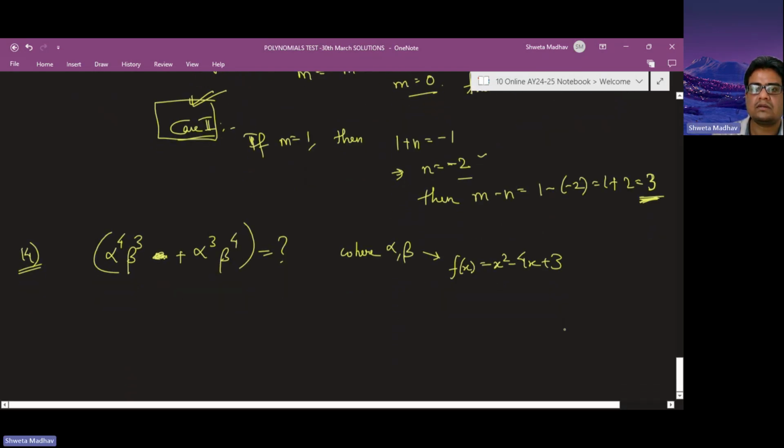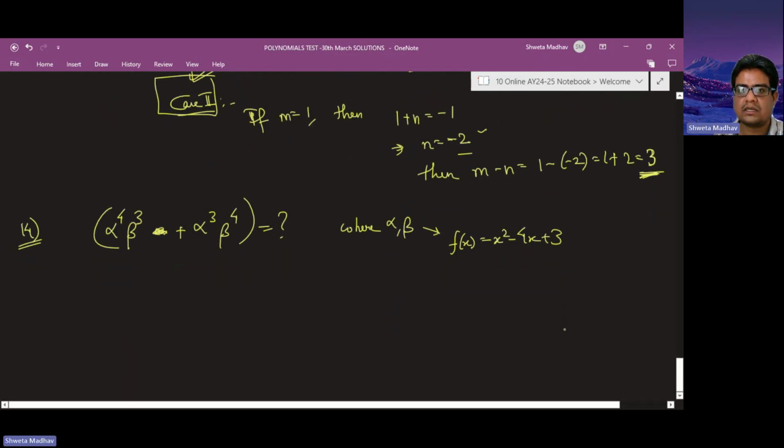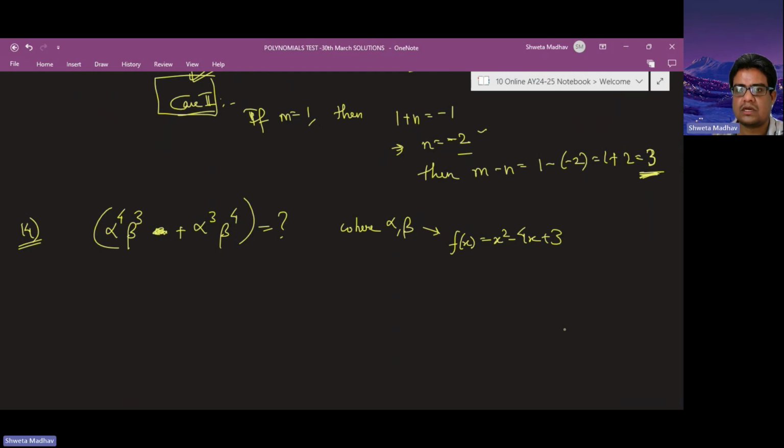So here actually we can solve it in two ways. We can explicitly find out the zeros alpha and beta, and then we can put them in the place of alpha and beta and find the value, or else we can find out the product and sum of the zeros, then we can put that here.